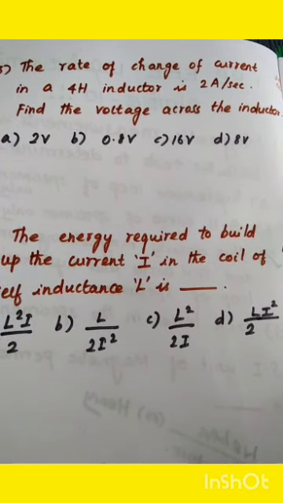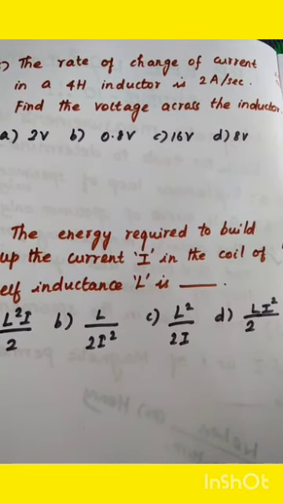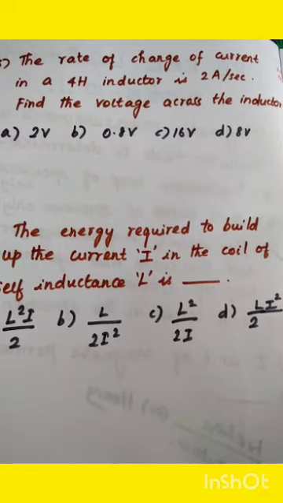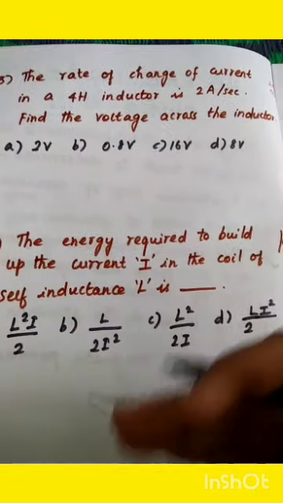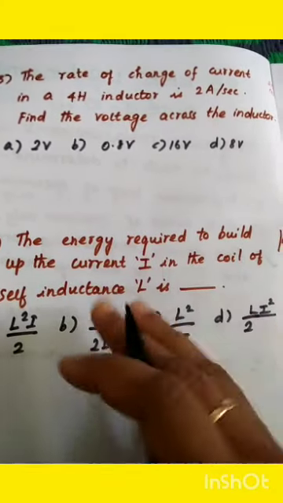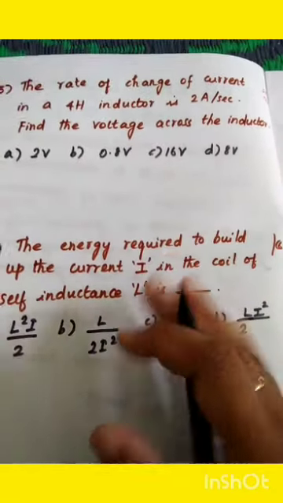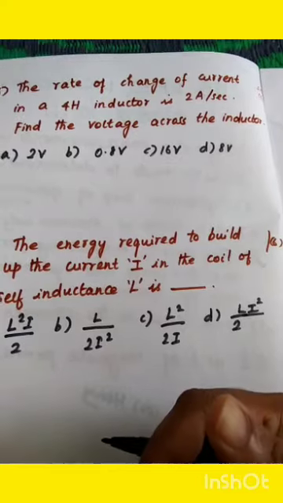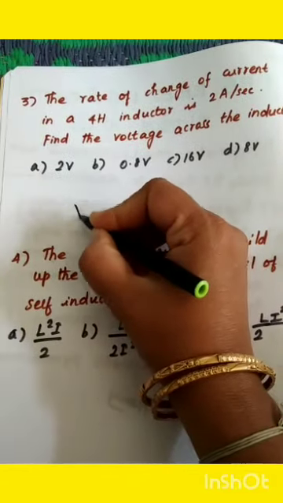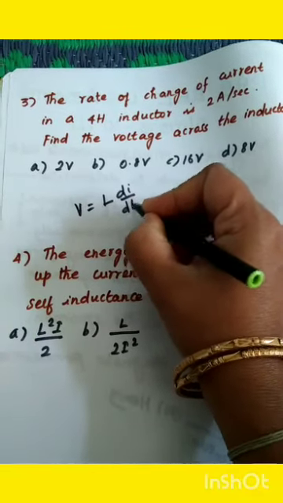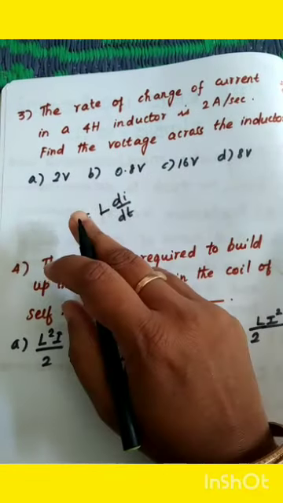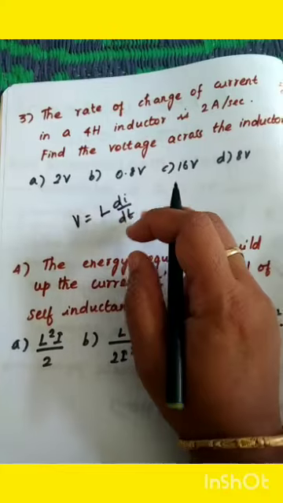An inductor is a passive element that stores energy in the form of an electromagnetic field. To find the voltage across the inductor, the formula is V is equal to L into di by dt. You have come across this formula, am I right? V is equal to L into di by dt.